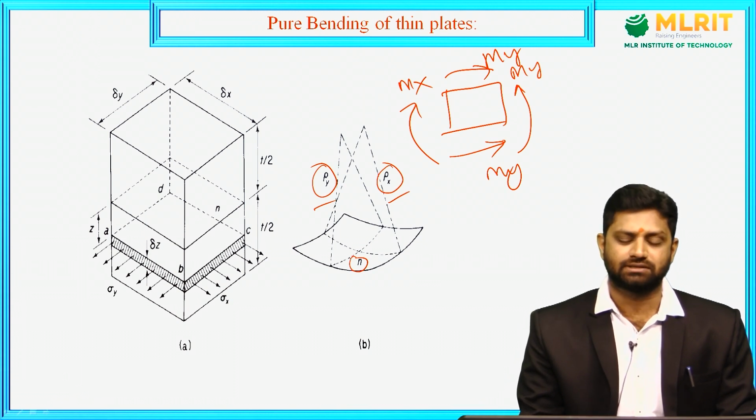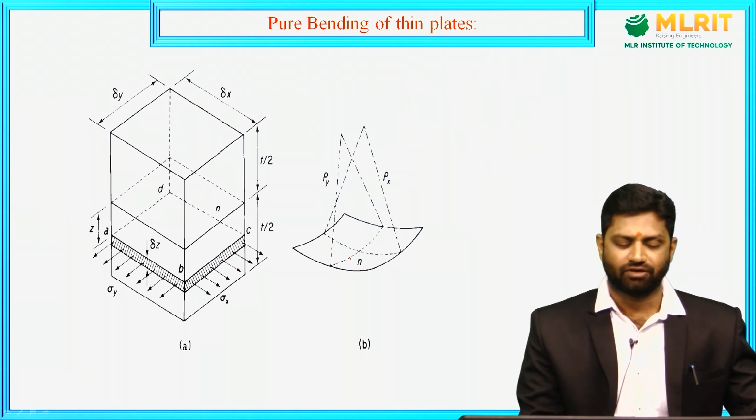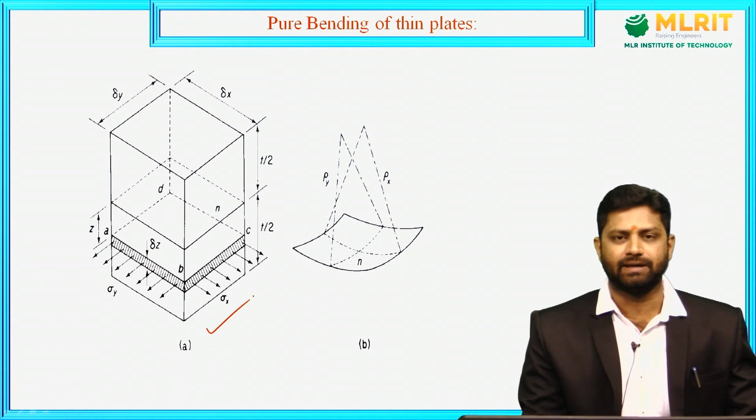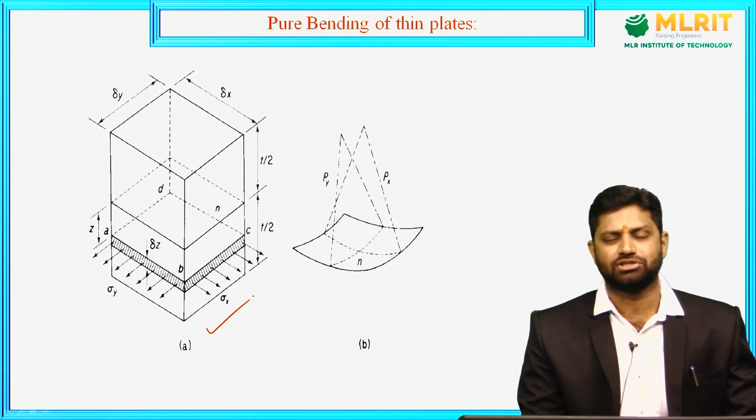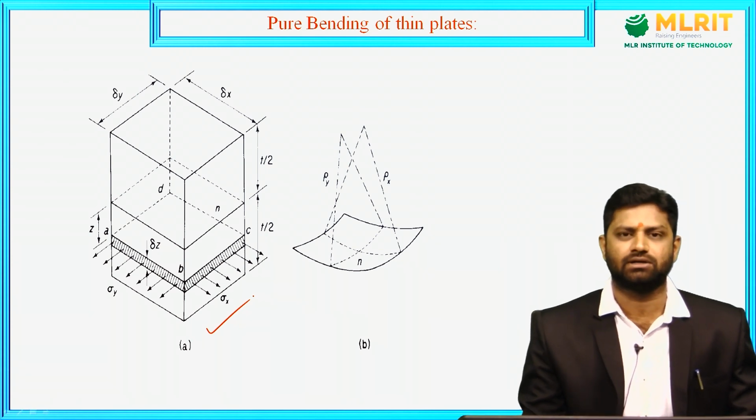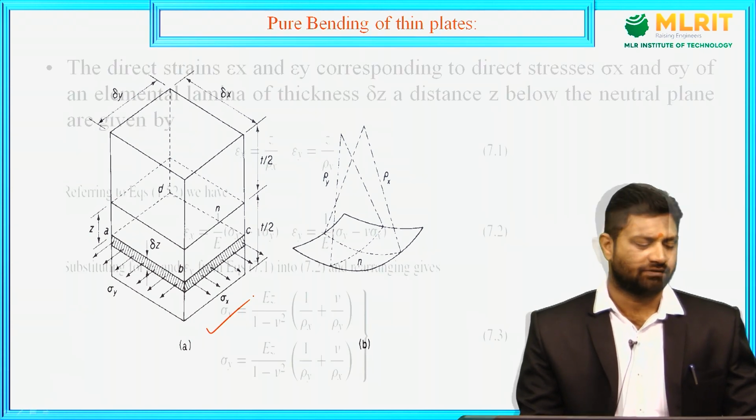Along the neutral axis there are no changes along that line, so that layer is subjected to neither compression nor tension. That is why it is called the neutral layer, and all such layers passing through an axis is called the neutral axis. Now, by considering the first diagram, figure A, we are going to develop some relationships for strain, then write stress, and then extend this derivation.